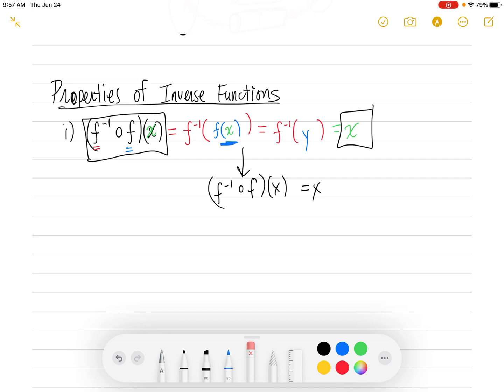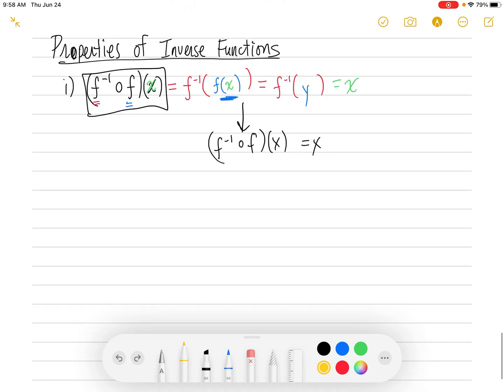If you look at the beginning and the end that I put in the box, that's the property. What essentially happens is that the inverses cancel each other out. F inverse, when you compose it with f, cancels it out and you just have x left.